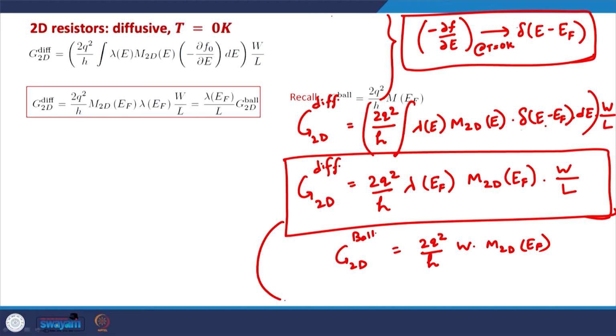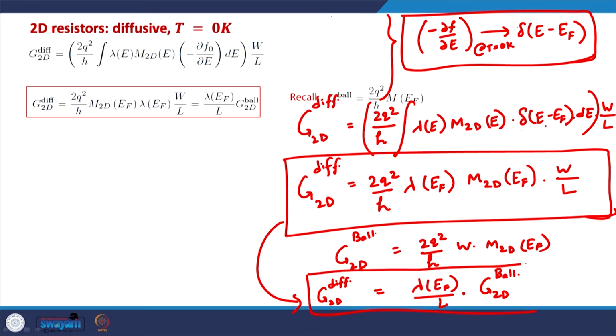So this diffusive conductance for a 2D conductor can be written in terms of ballistic conductance as lambda(EF) by L times G2D ballistic.